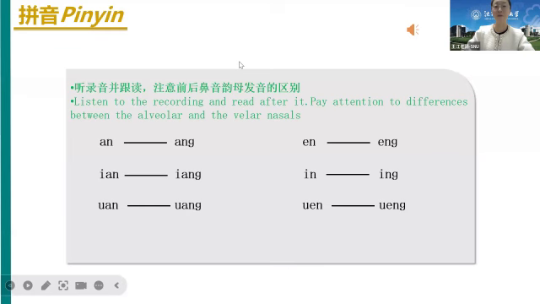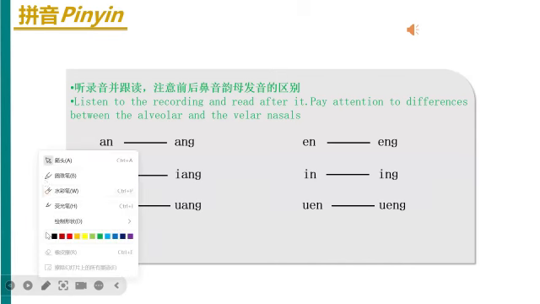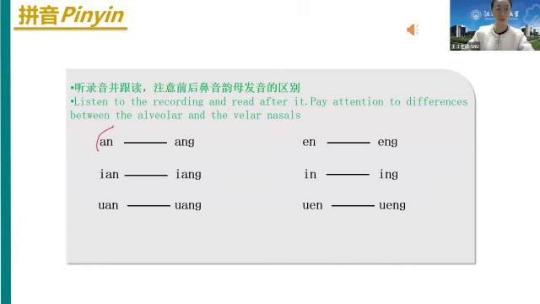The first one. Let's read this panel. An, ang, and pay attention. When you read this panel, there is no g at the end, okay?